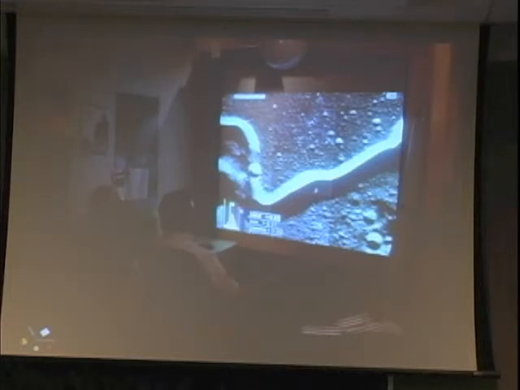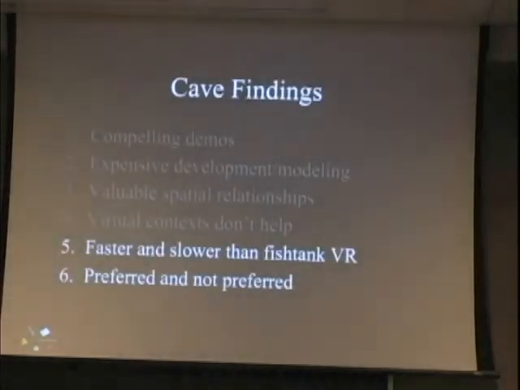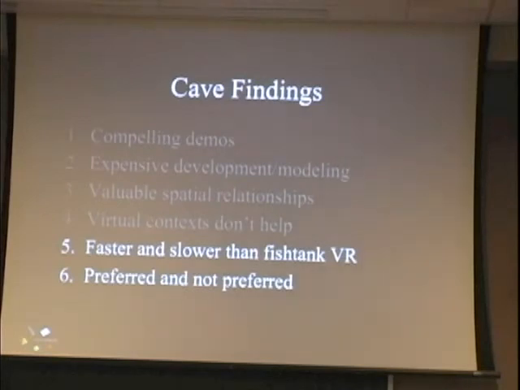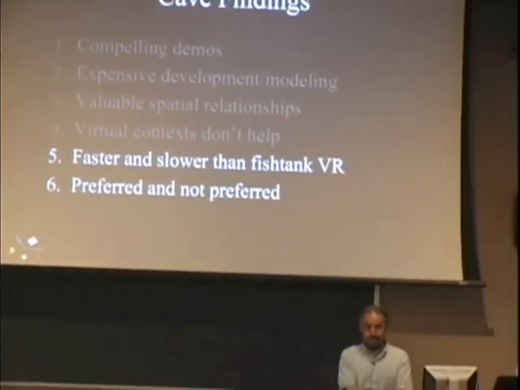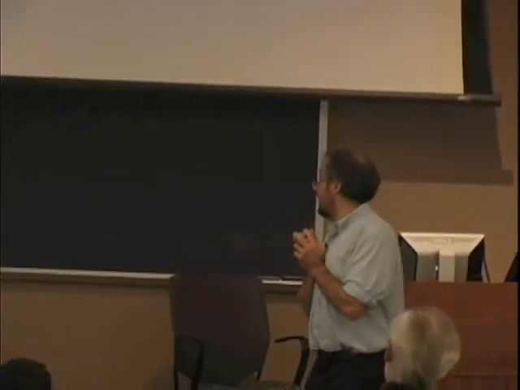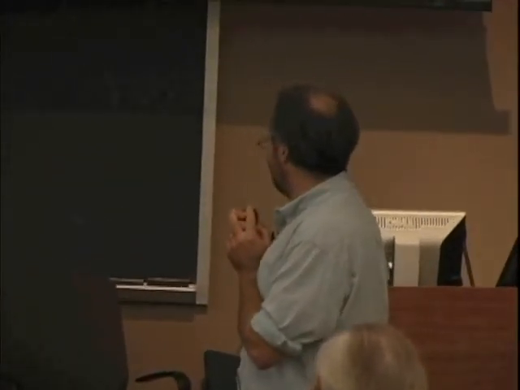They had really large images that they wanted to try and understand and make decisions about. So I summarized this piece of the three scientific areas in a kind of ambiguous way: that the cave is faster and slower in terms of performance than fish tank, and we don't quite know exactly what tasks.